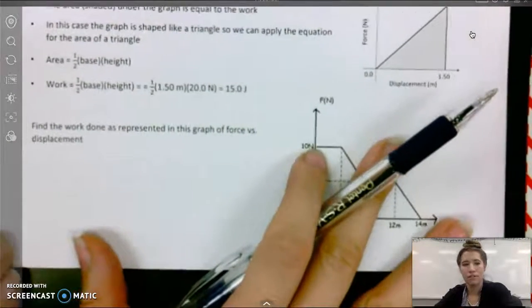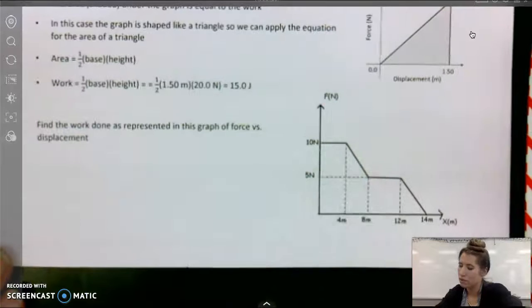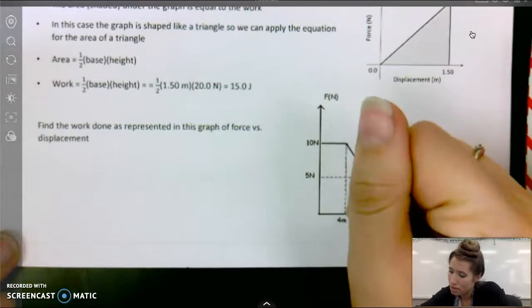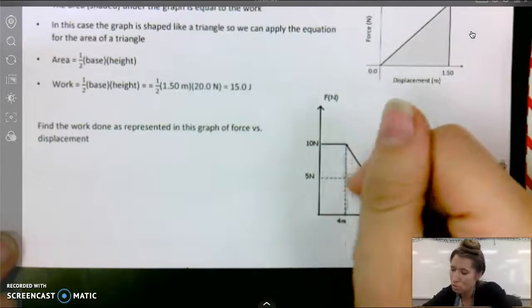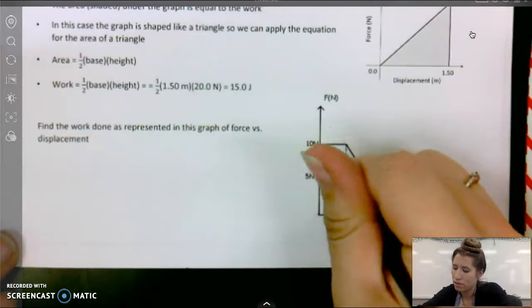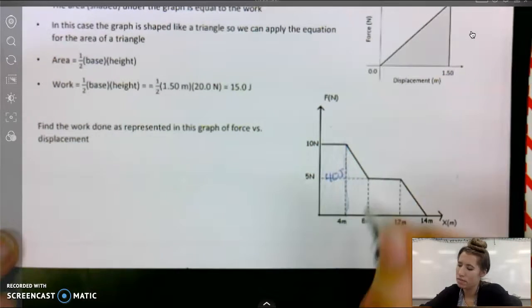Now, here's a graph that we have of force versus displacement, and we can calculate the work done on the object that's represented by the graph there, okay? And so we would just look at the area under the curve. So here, let's calculate this part first, right? So we have base is 4, height is 10, so that would be 40 joules, okay?